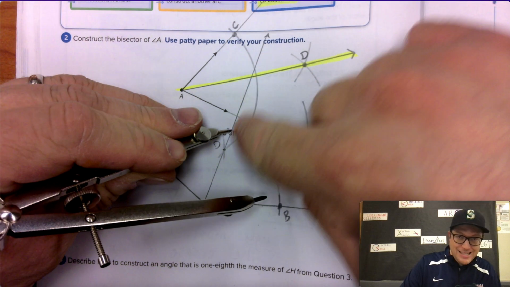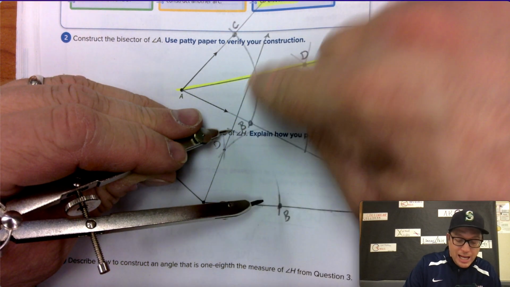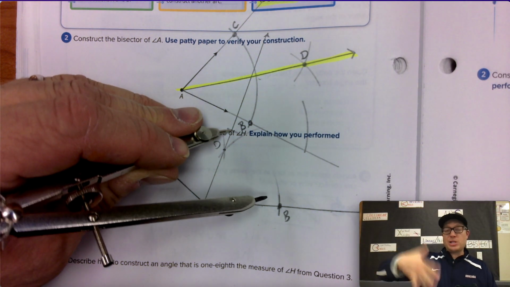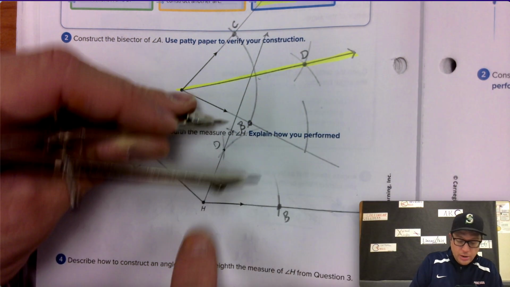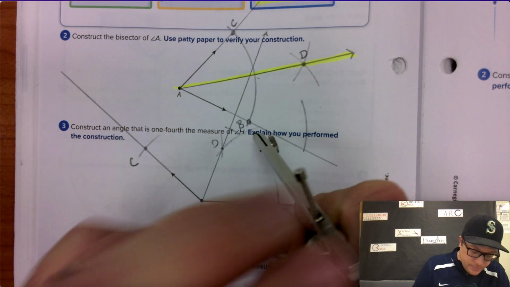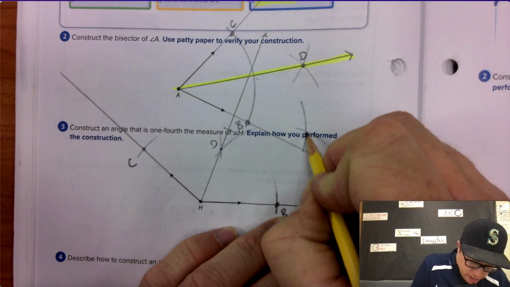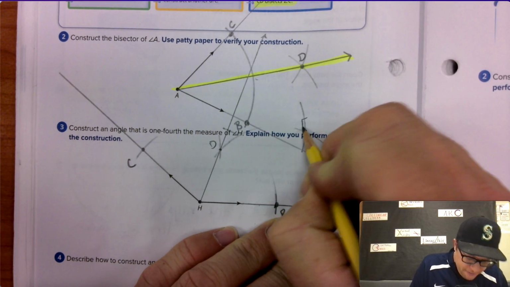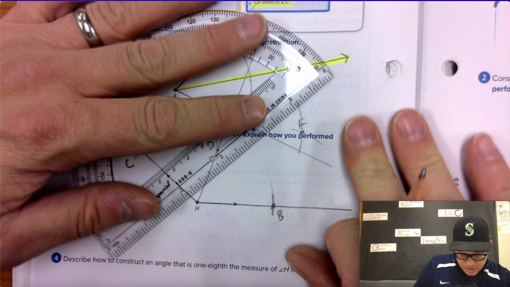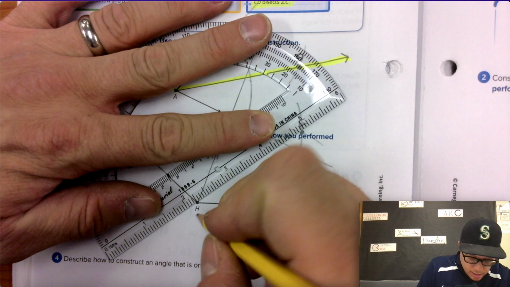This is the angle bisector, but I'm going to use it as a ray that's also going to help me bisect this other half of the original angle to get a quarter. Two arcs out here. Label the point of intersection F. HF is going to be the 1/4 angle bisector.